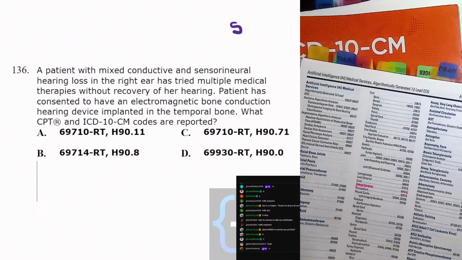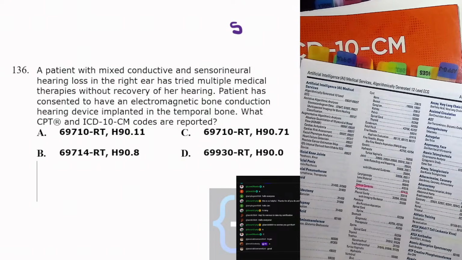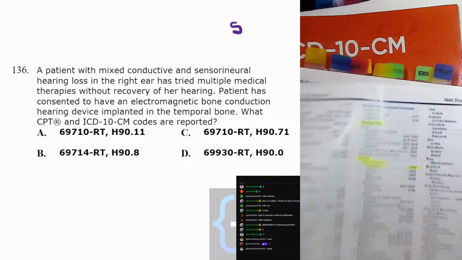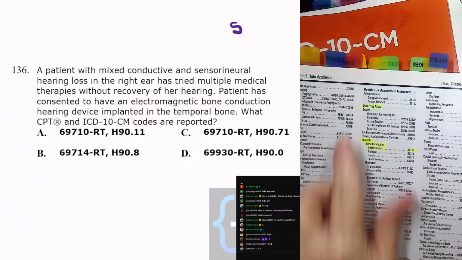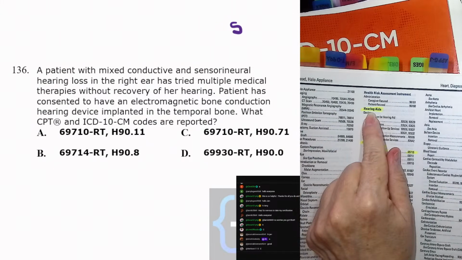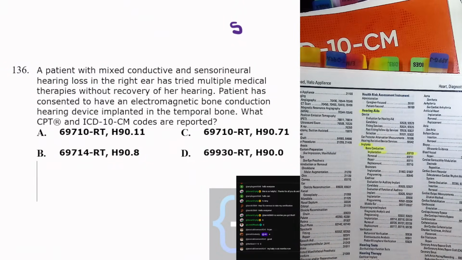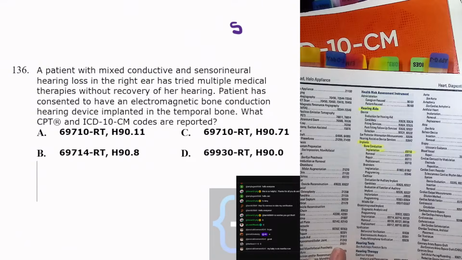Let's see, we go to hearing aid in our alphabetical index. We go to hearing aids, and we go to implantation.